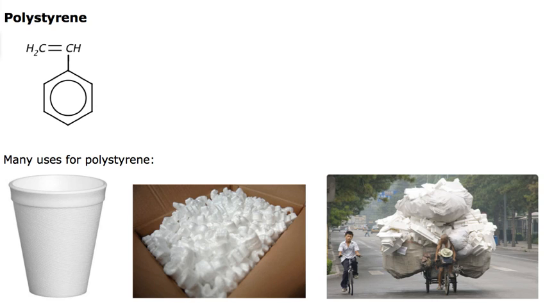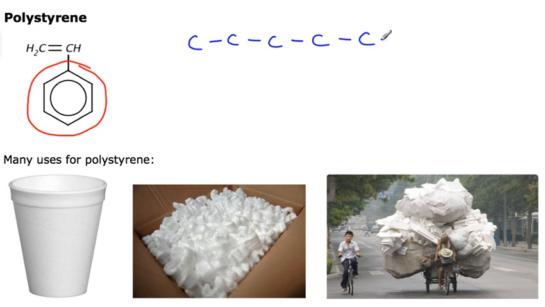Polystyrene or styrofoam. We've all heard of this stuff, and we all know it's really lightweight. And here's why it's really lightweight. There's that great big benzene ring as a branch, and so a polymer of polystyrene is a great big thing in terms of its area.